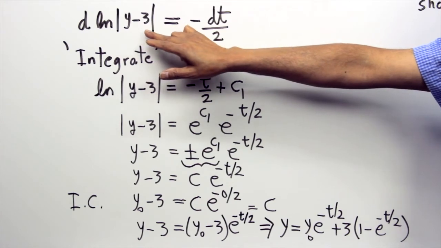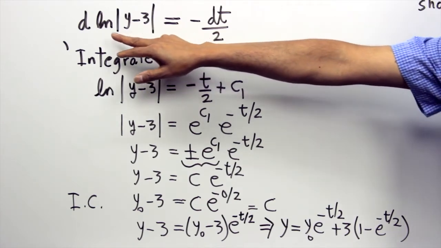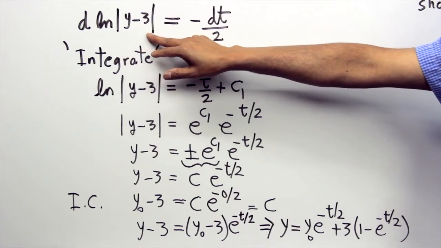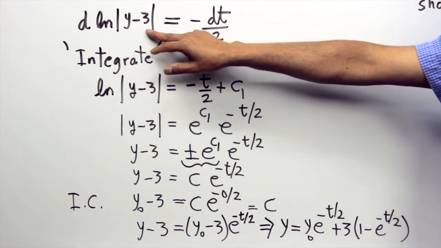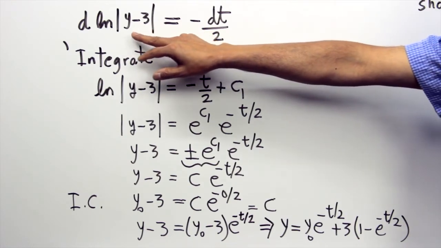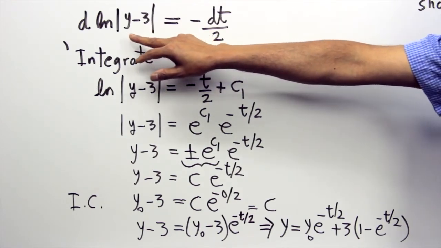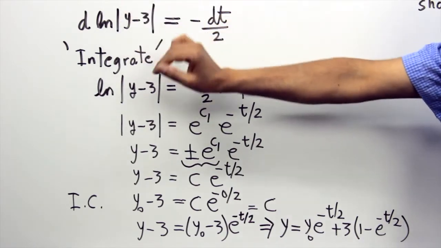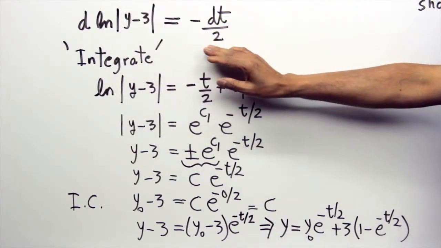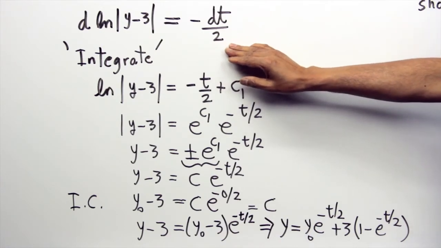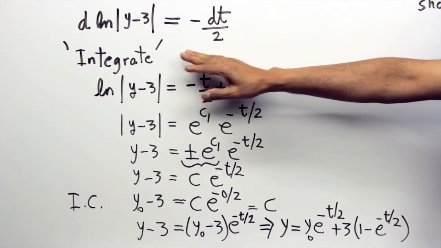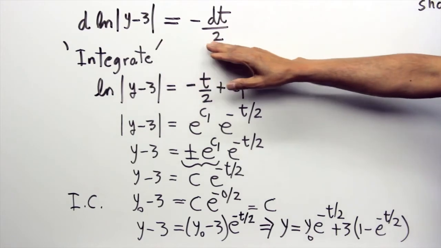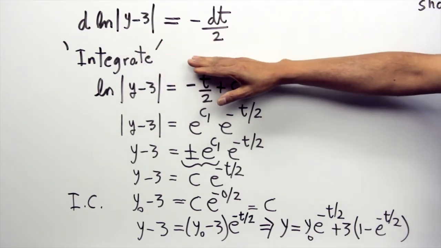When y minus 3 is positive, you can see that the derivative of log of y minus 3 is simply dy over y minus 3, and when the argument is negative, then there is a minus sign, and so in order to absorb the minus sign, we have the mod over here. So the left hand side is equal to what we had before, and the right hand side is simply minus dt over 2, and so now since we have exact derivatives on both sides, we are ready to integrate.